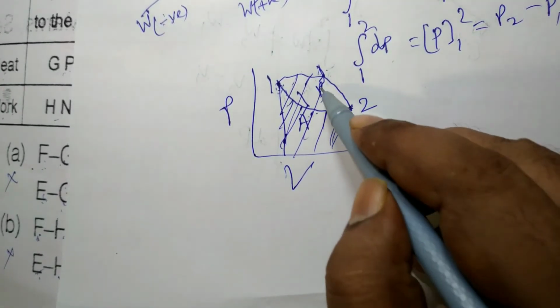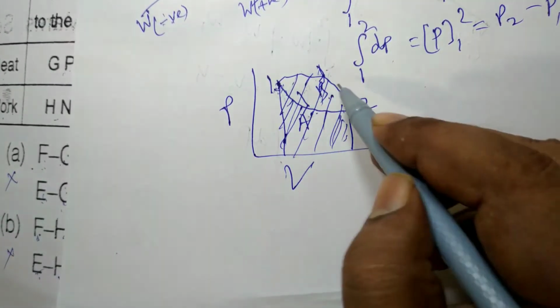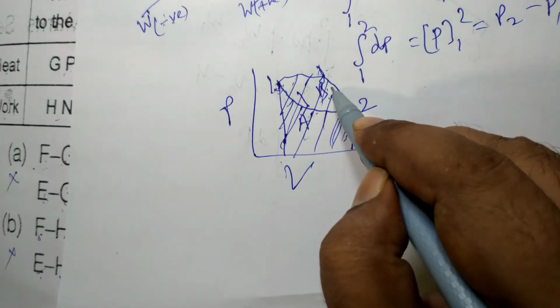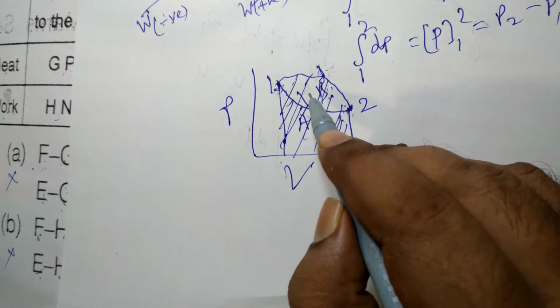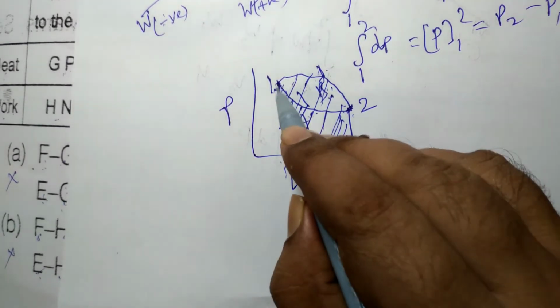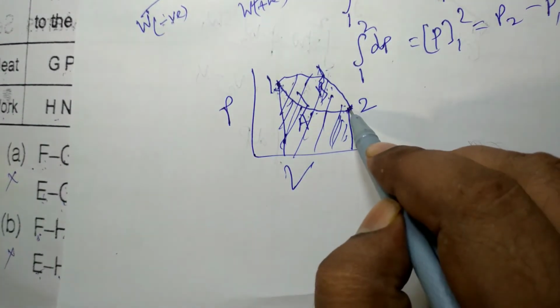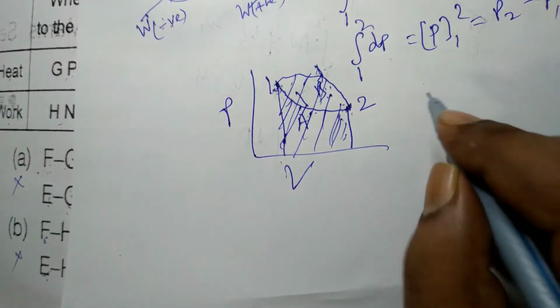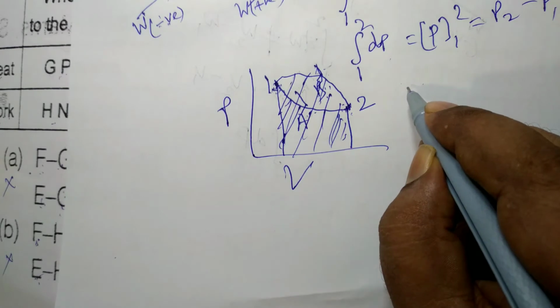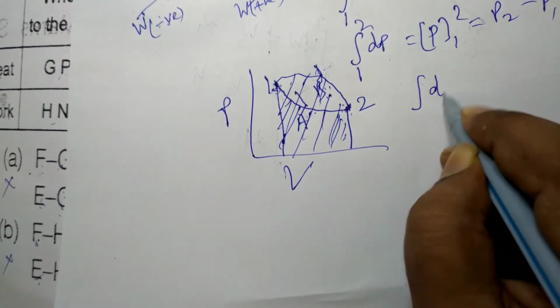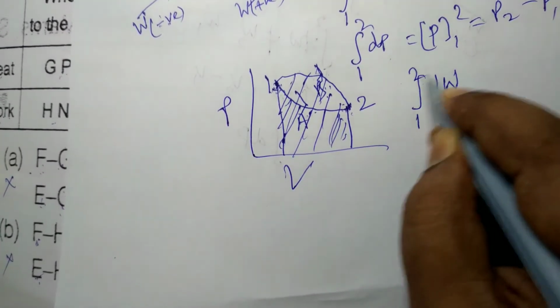So there will be more work involved when the system travels from state 1 to state 2 through path B. That means work transfer depends upon the path. It depends upon end states as well as the path. So that's why work transfer is a path function, and similarly heat transfer is also a path function, and we can't integrate dW like this.